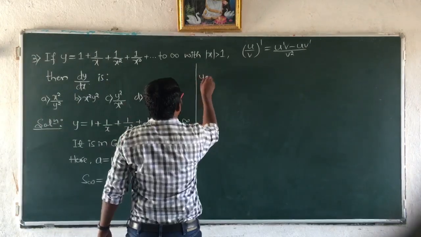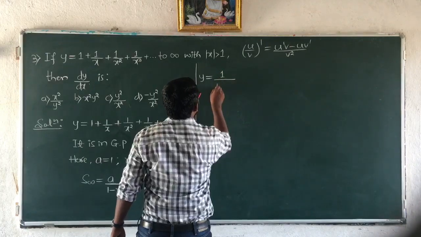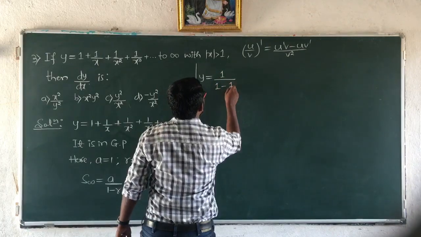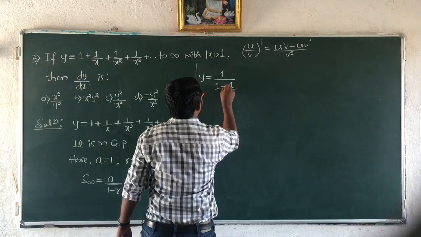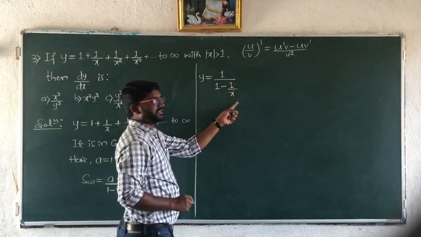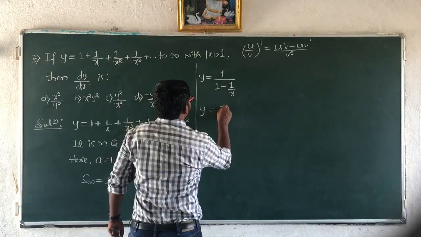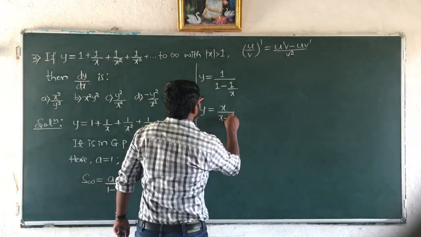So y which is equal to 1 divided by 1 minus 1 by x. So take up the LCM now. X will be multiplied with 1. We get x minus 1 divided by x. And that x goes to the numerator. Y which is equal to x divided by x minus 1.